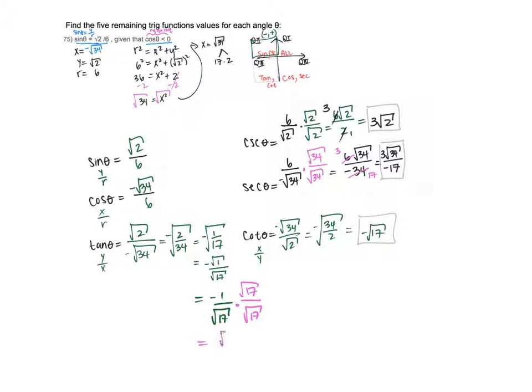So I have the square root of 17 over 17. And there we have it, our function. I think I dropped a negative. Yeah, I did. There we go. So that was for just tangent. Sorry for that long move there. But yeah, that should be 17 on the bottom. Okay, so that's it for this journal.